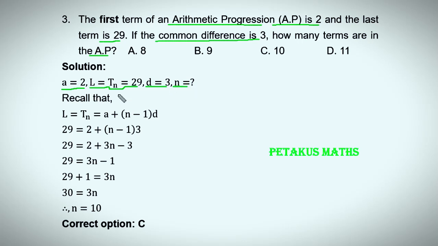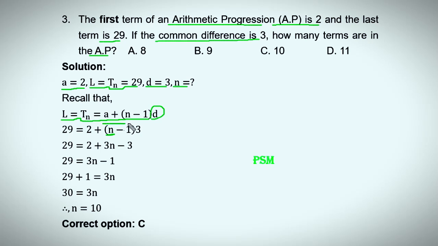You have to recall that in an AP, the last term, that is equal to the nth term, is equal to A plus bracket open n minus 1 bracket close times the common difference D. You have to replace the given terms except n that we are looking for.